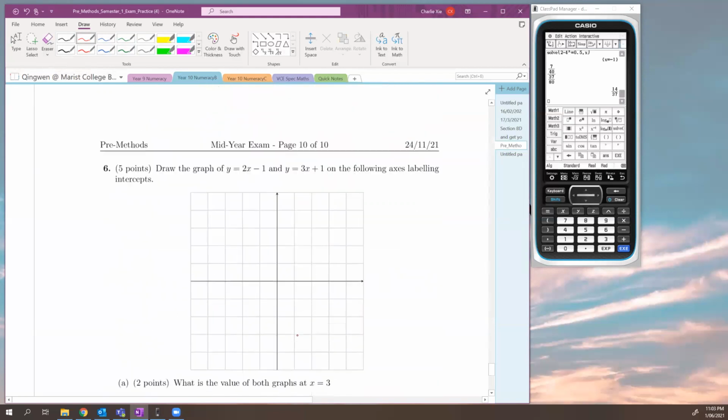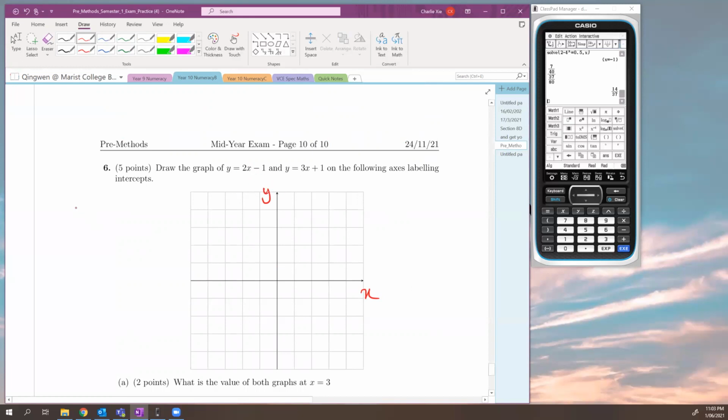Okay, last question. Draw the graph of y is equal to 2x minus 1 and y is equal to 3x plus 1 on the following axis, labeling intercepts. Okay, and this is the x-axis, that's your y-axis. To draw those graphs, we can just work on intercepts.